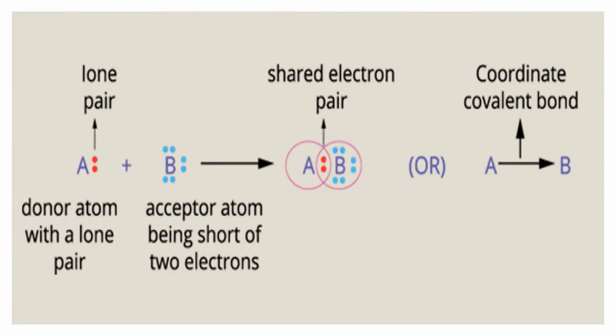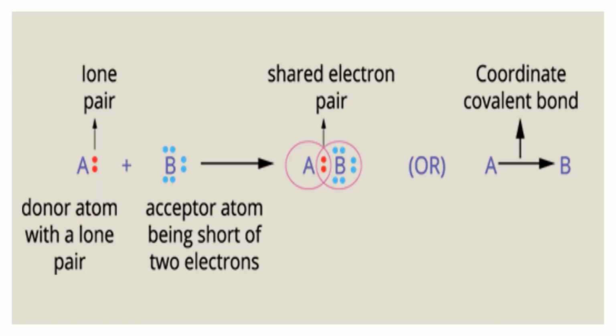Let me explain this coordinate covalent bond with simple diagram. In this diagram we have an atom A. It has a lone pair, so we call A a donor atom with a lone pair. And B, the Lewis structure of B, you can see only 6 electrons.